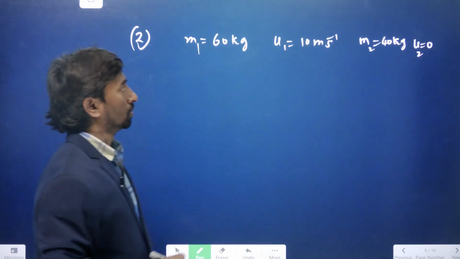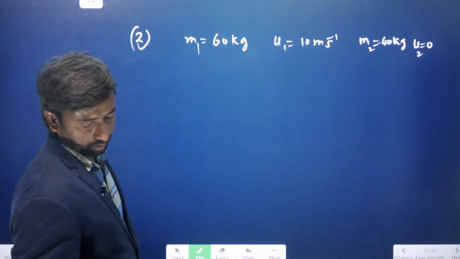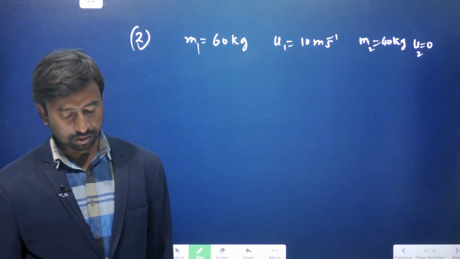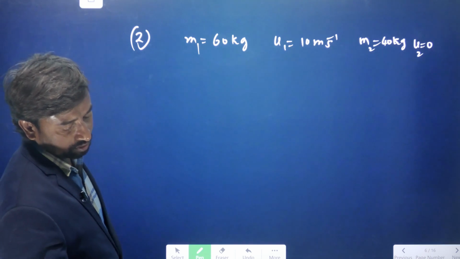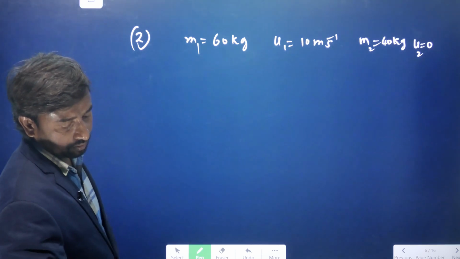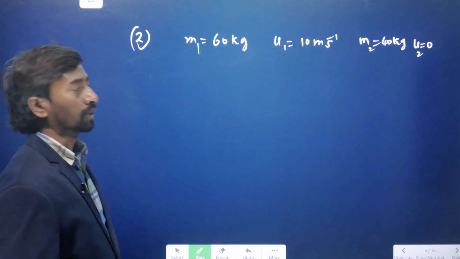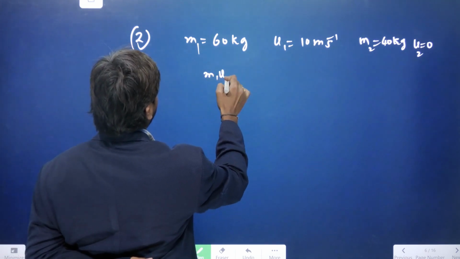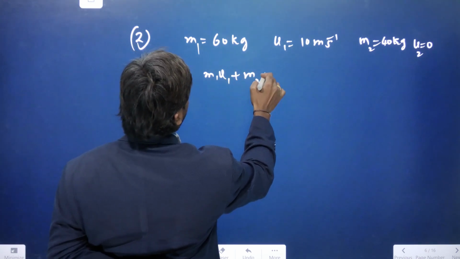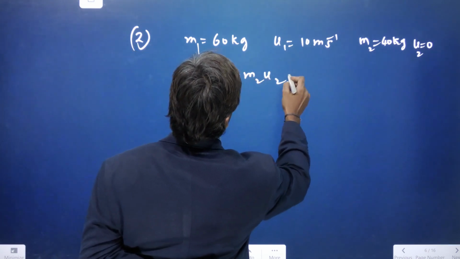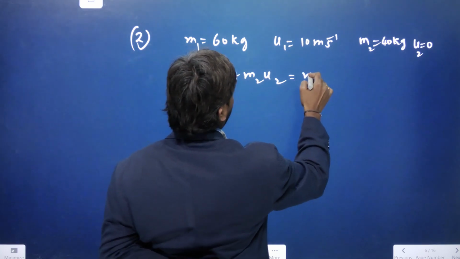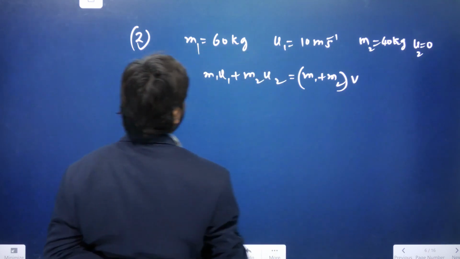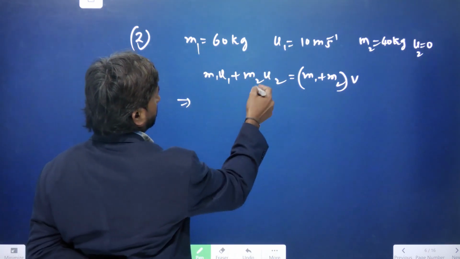We need to find the loss of kinetic energy during the collision. After that they will stick to each other and move together. So according to the law of conservation of linear momentum, m1 u1 plus m2 u2, where u2 is 0, is equal to m1 plus m2 into v.